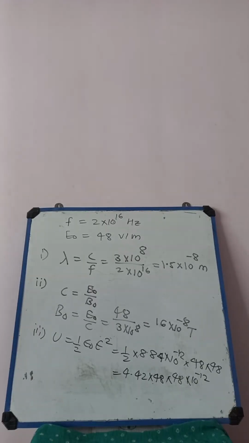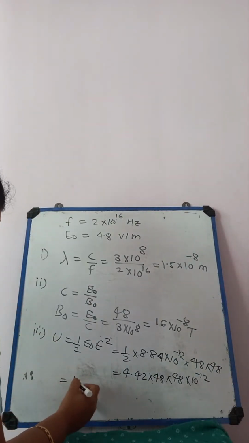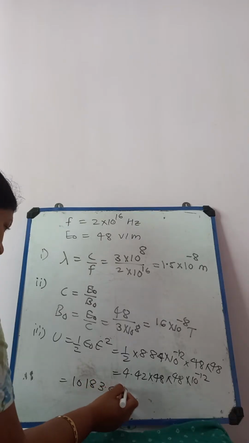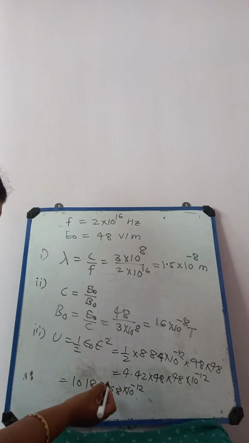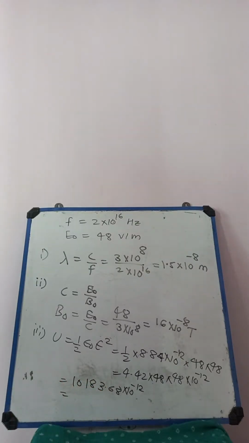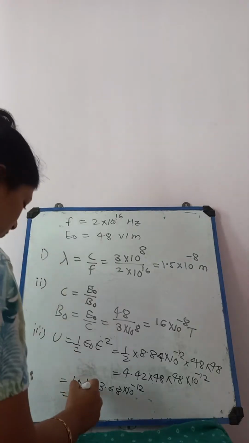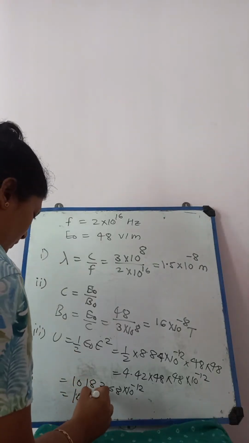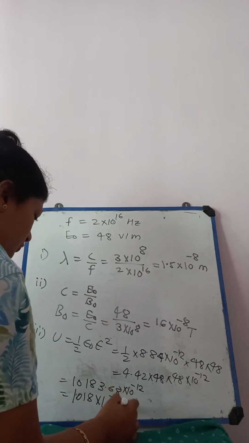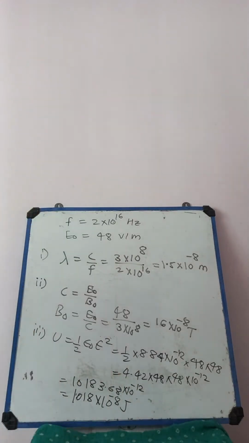Is it 10183.68 into 10 raised to minus 12? 1, 2, 3, 4, 4 means minus 8. Okay. So 1.018 into 10 raised to minus 8 joule is the answer. Okay, third bit. Actually, I forgot to tell that. This is the third bit.